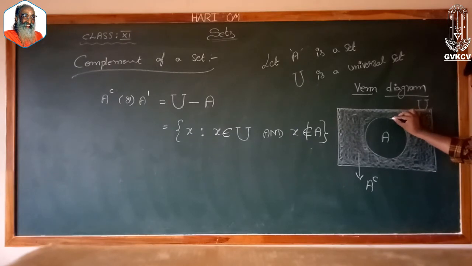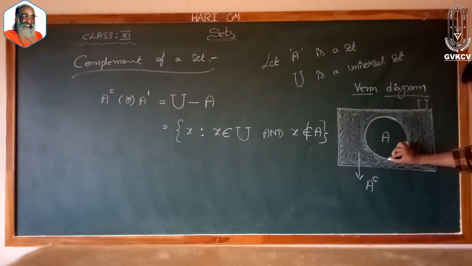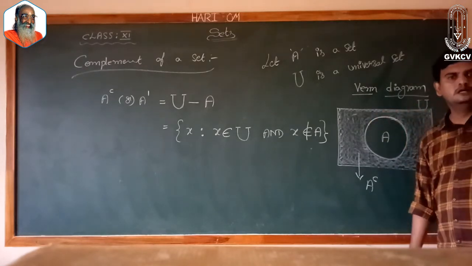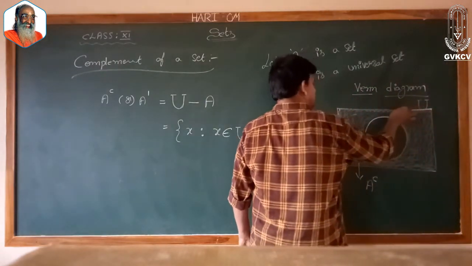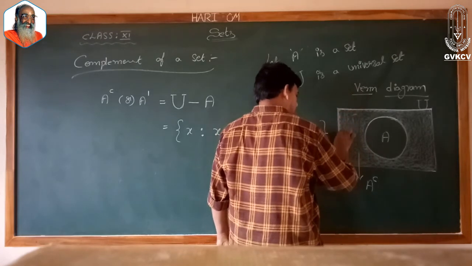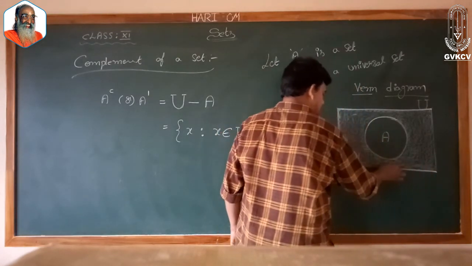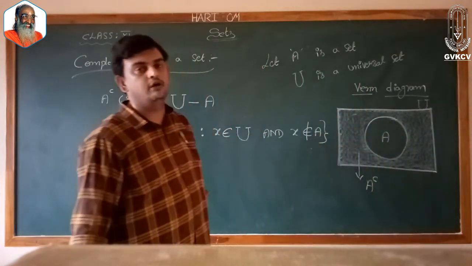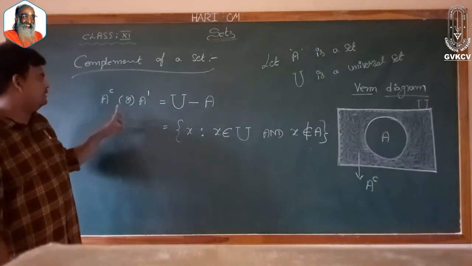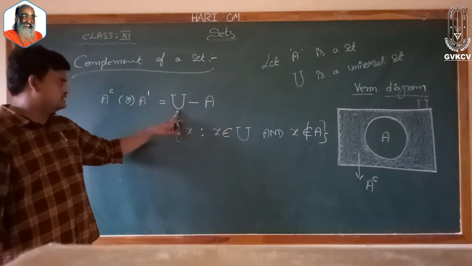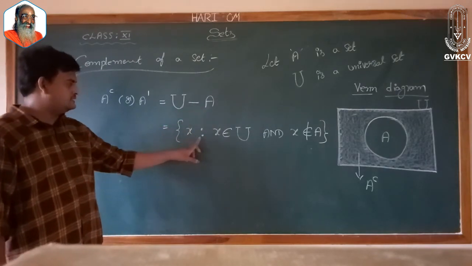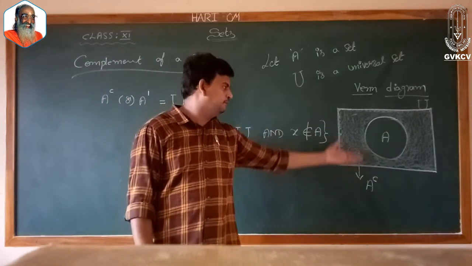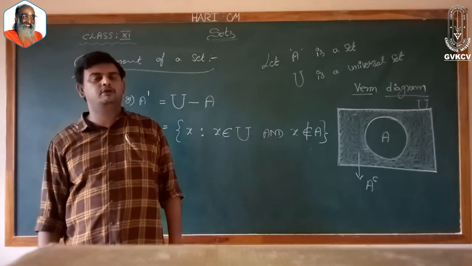From the entire universal set, we are eliminating set A. So by eliminating set A, whatever portion we have is called the complement of set A. So A complement or A dash is universal set minus A, that is X such that X belongs to universal set and X does not belong to A. This is about the Venn diagram for complement of a set.